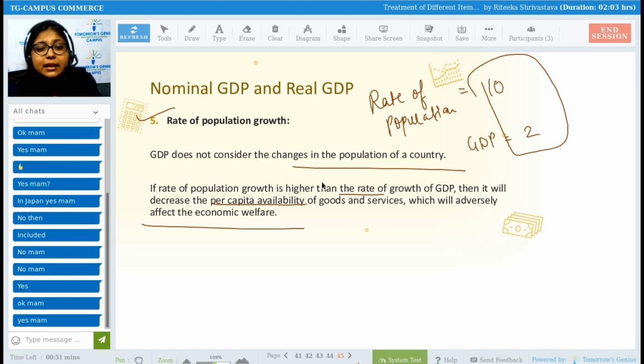So this is what happens. That is why we say that the rate of population and GDP should go hand in hand, or else GDP should always be higher than the rate of population. Only then can you say that welfare is happening for the individuals living in the economy. Or else you cannot say that there is any kind of welfare activity taking place in the economy.